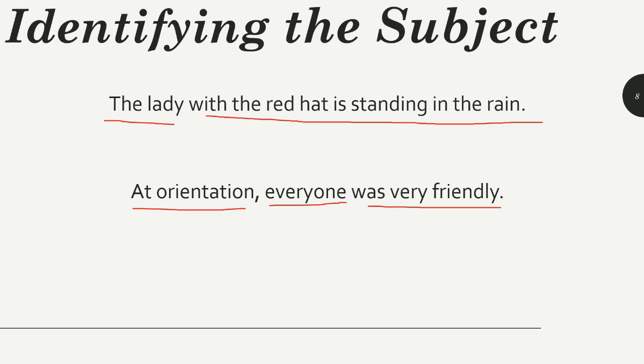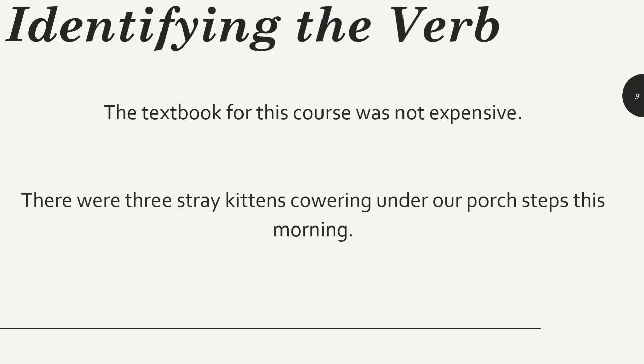Next, identifying the verb. In identifying the verb, we can find it with what the subjects do, or the act in the sentence. So, the textbook for this course was not expensive.